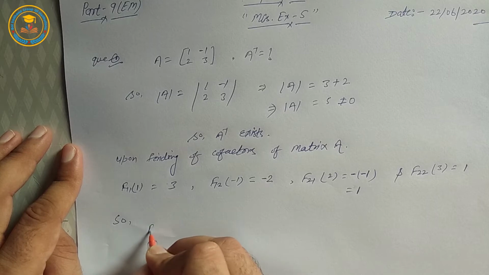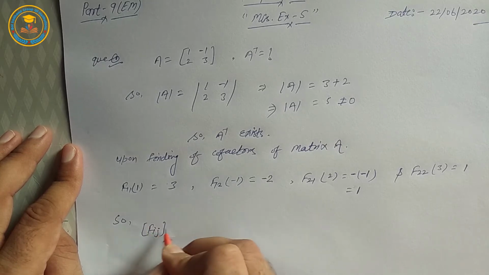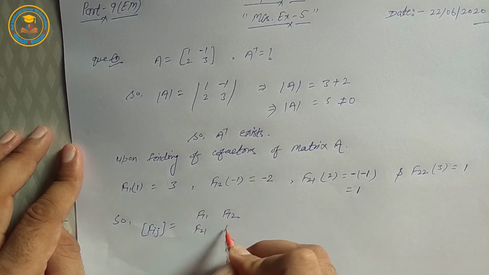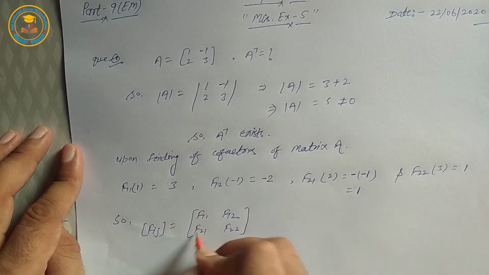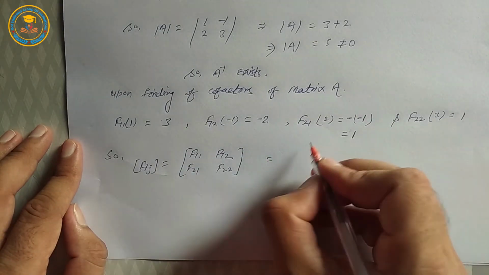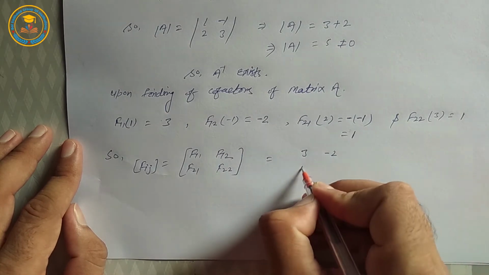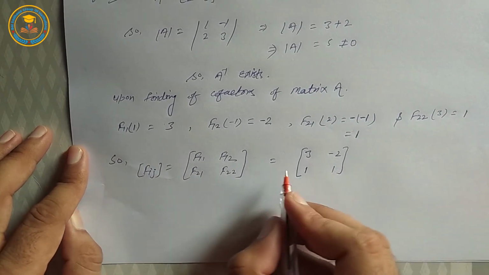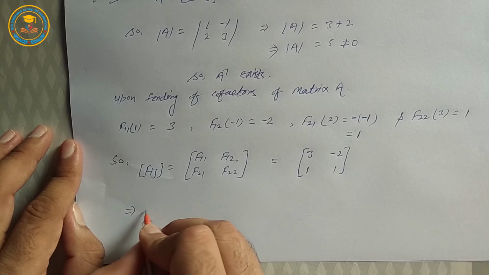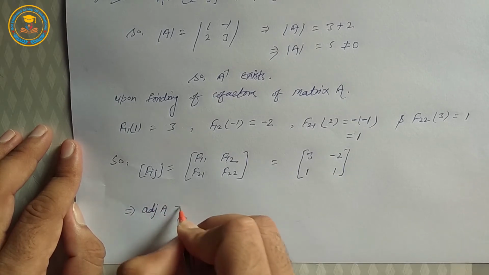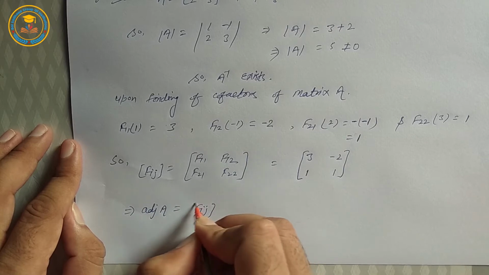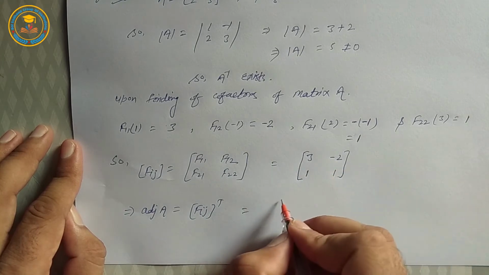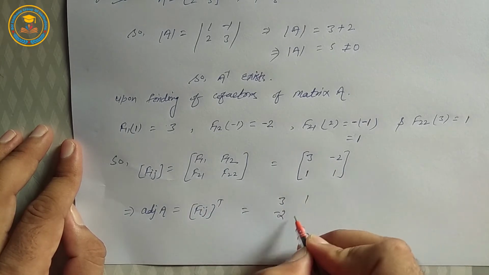So Fij is equal to F11, F12, F21, F22, that is 3, minus 2, 1, 1. Adjoint A is equal to Fij transpose, which means 3 minus 1, 1.